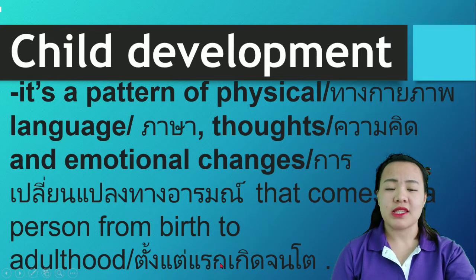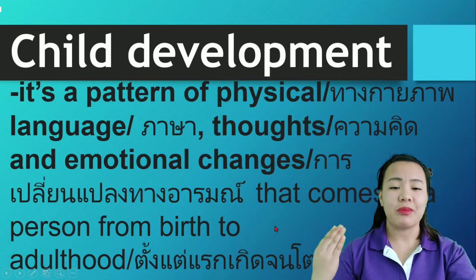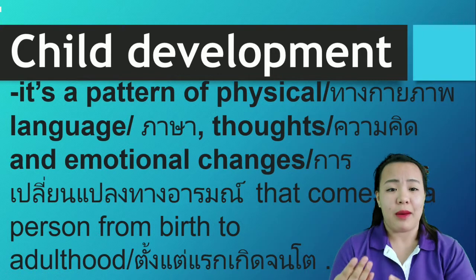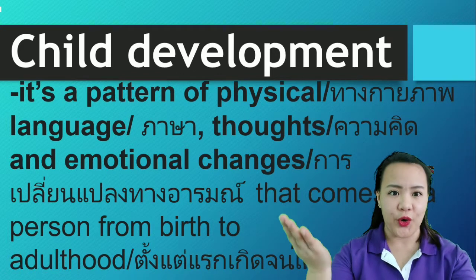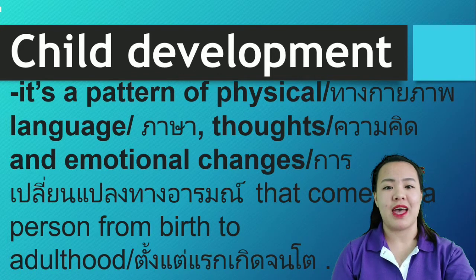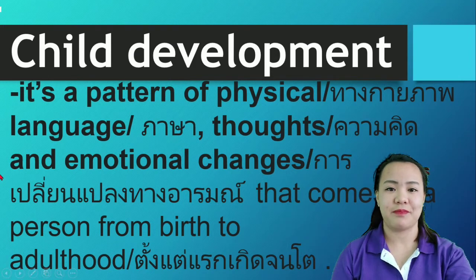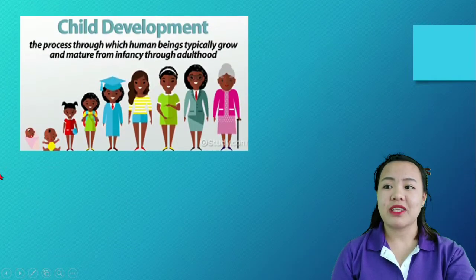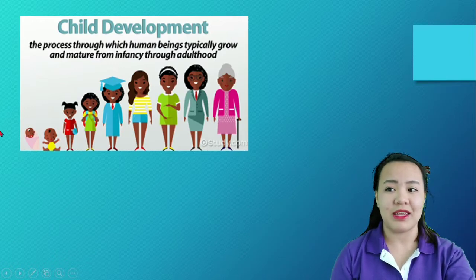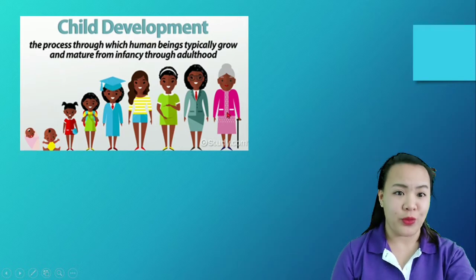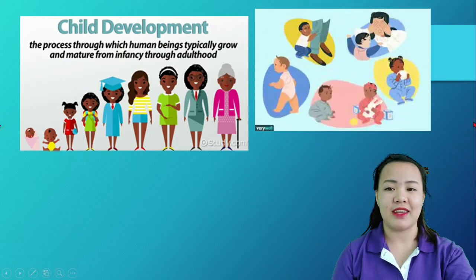So these are the patterns that can help us understand ourselves from the beginning, from when we are a baby until we grow up. That's the help of child development. Another example, the process by which human beings typically grow and mature from infancy until you grow old.